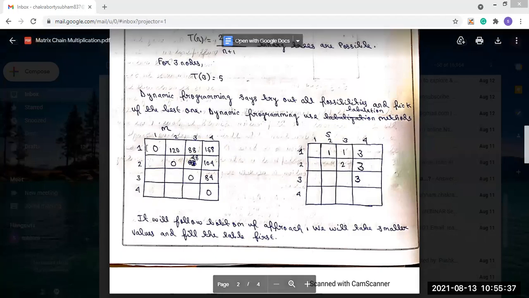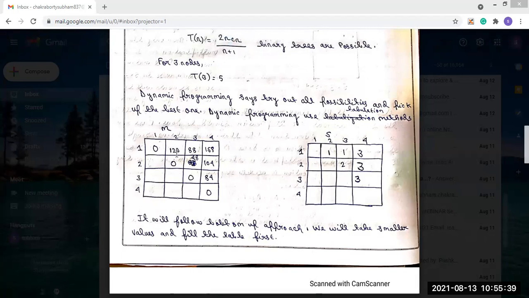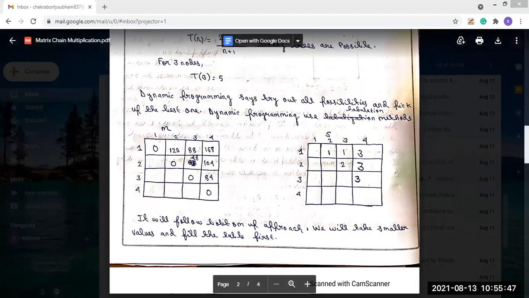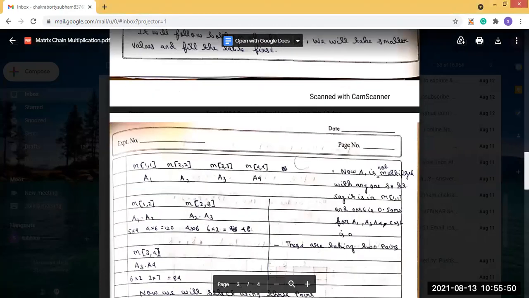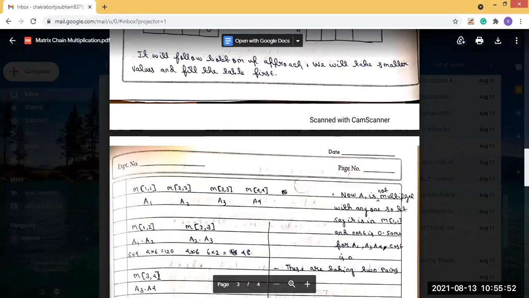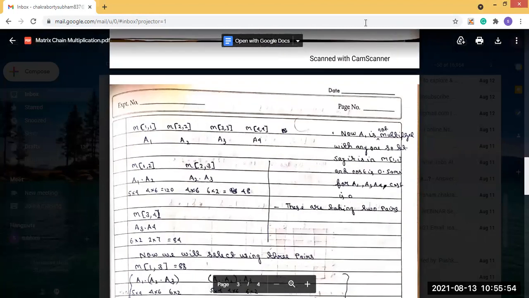Now, you see from 1 to 2, the value is 120. And in this, from 1 to 2, the value is written as 1. So why is 1 written? Now, how are we getting this result? A1 is multiplied with A2.